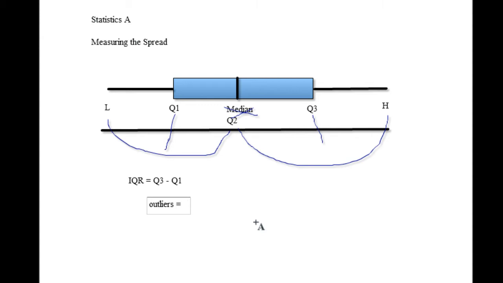So the formula is you take, if you're looking for lower outliers, quartile 1 minus 1.5 times the interquartile range.